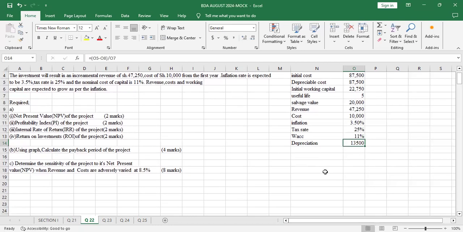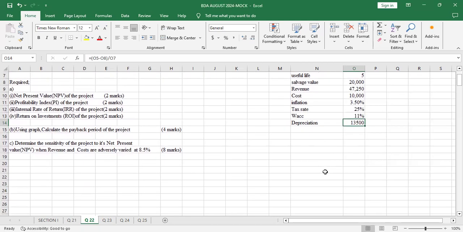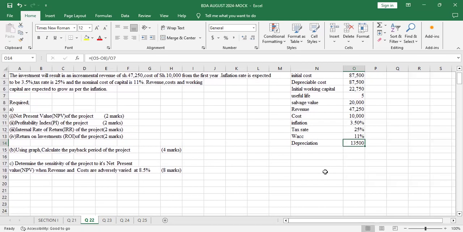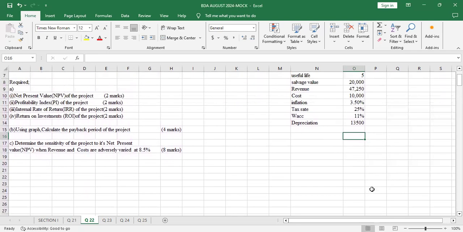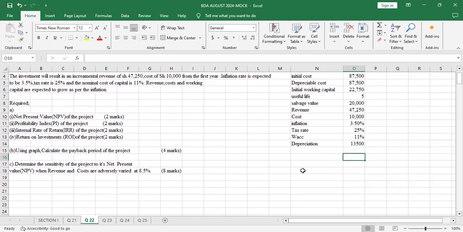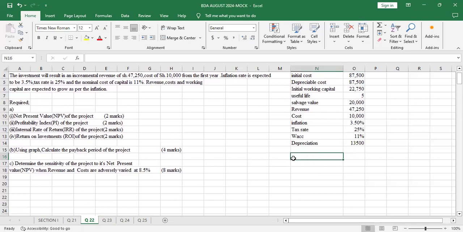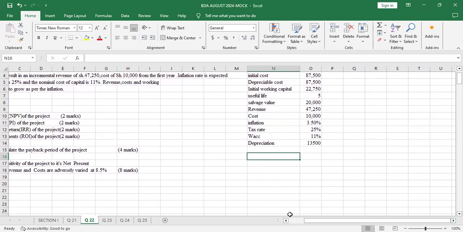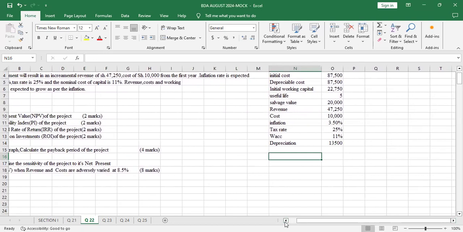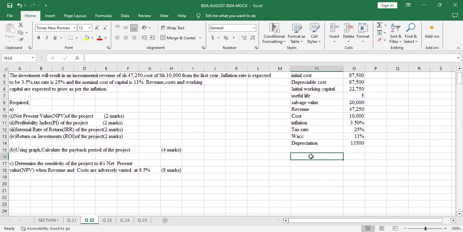So with that, now I can prepare the analysis table, the income statement and the investment statement. I'll start with year 0, for the 5 years.